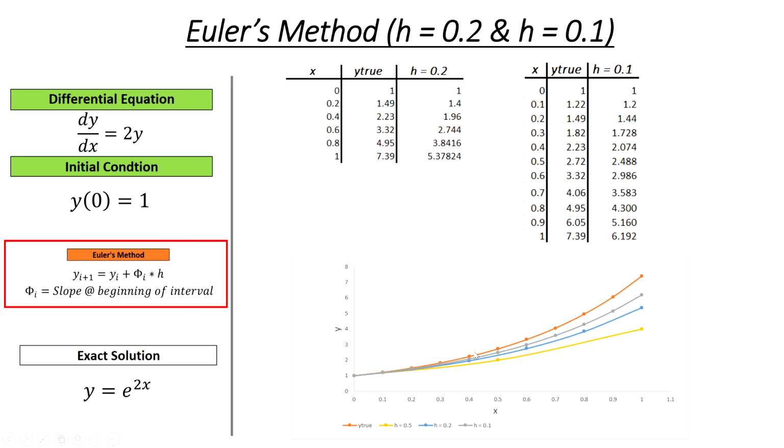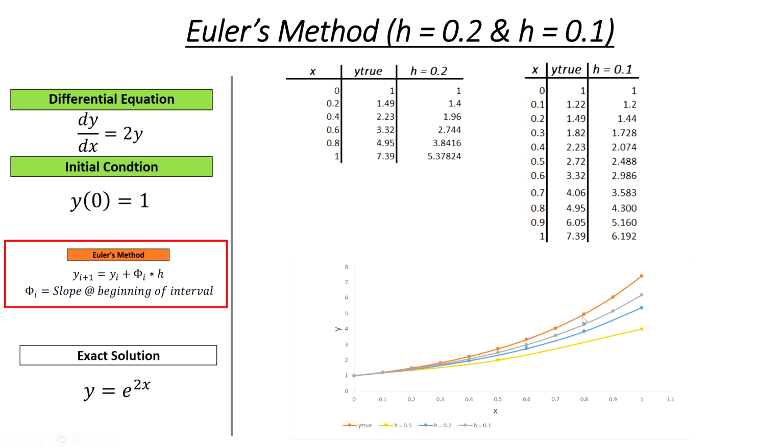So let's see what's going to happen if we reduce the step size even further to 0.1. So if I reduce the step size to 0.1, this is the gray. You can see from the graph that it's going to give a better estimation, again because a smaller interval subsides the effect of the curvature.